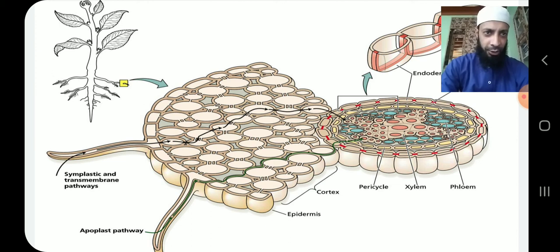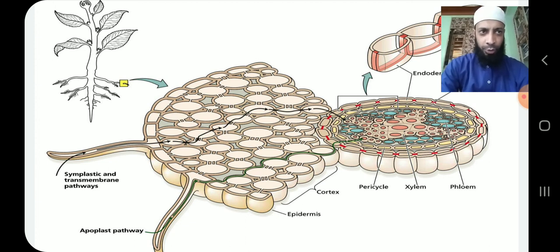Then inner to cortex you have single layered endodermis that is having red color strips. We call them Casparian strips or radial Casparian strips. Then inside the endodermis you have another layer called pericycle, and at the center you have vascular tissue that is xylem and phloem.